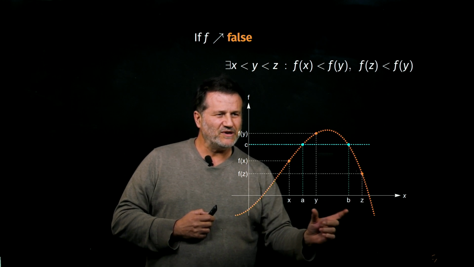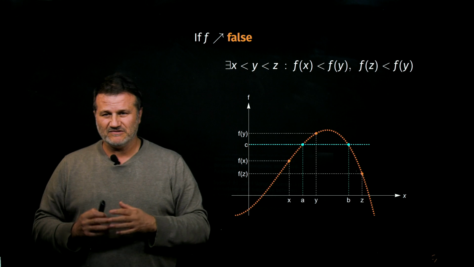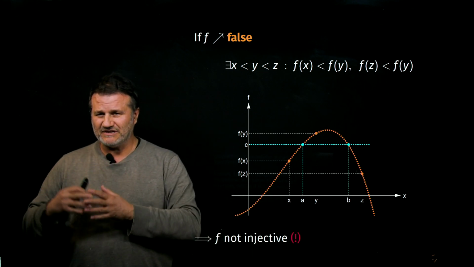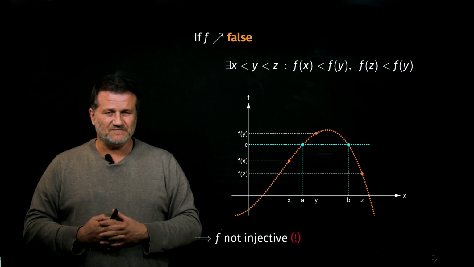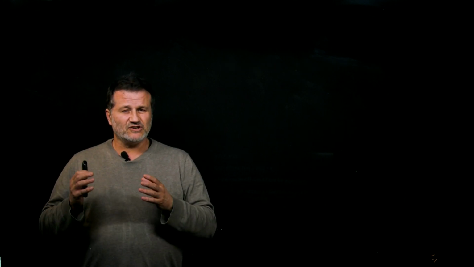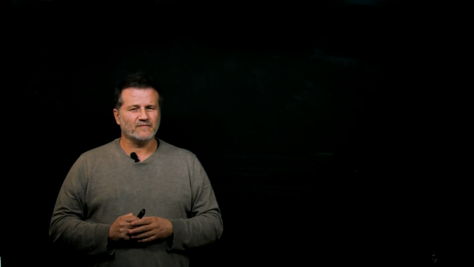So we have 2 points, a and b, where the function takes value c. So in particular, this function is not injective, and this contradicts our assumption. So a bijective and continuous function between intervals is a strictly monotonic function. The converse is also true.